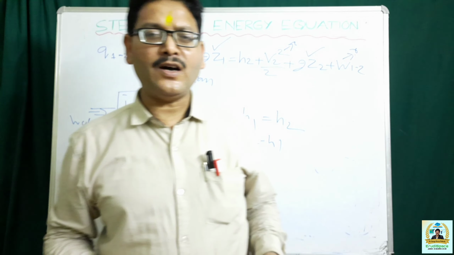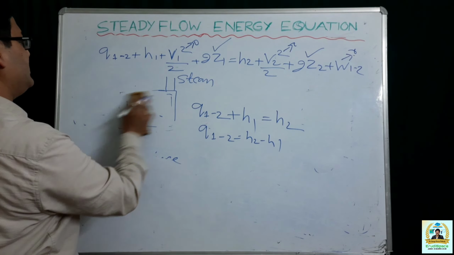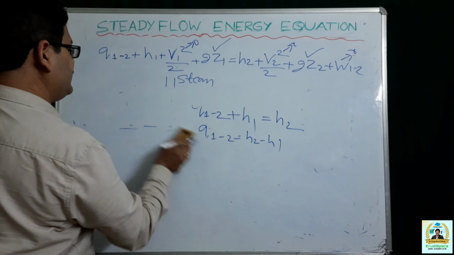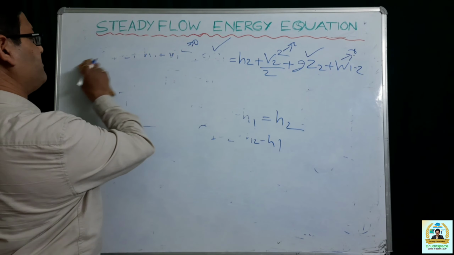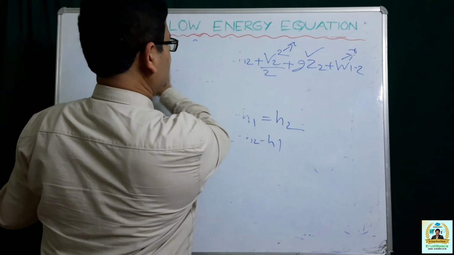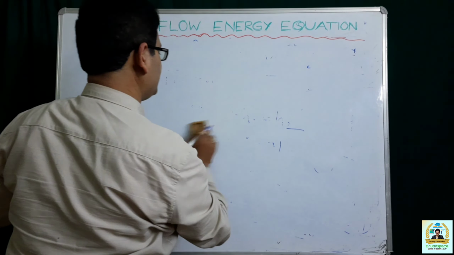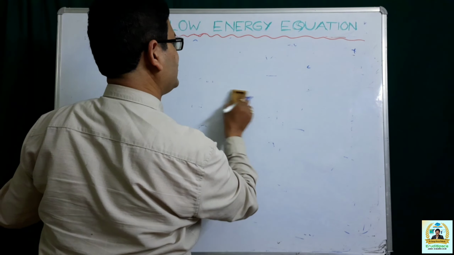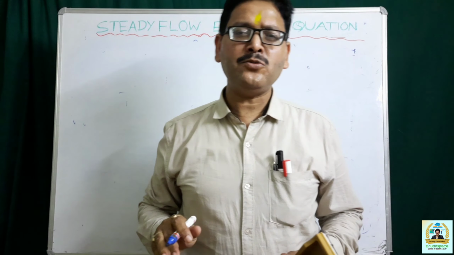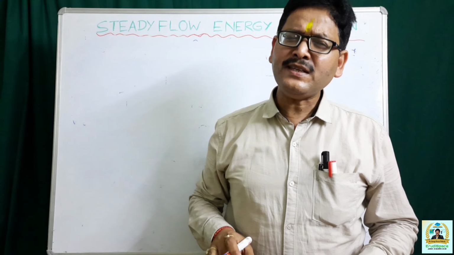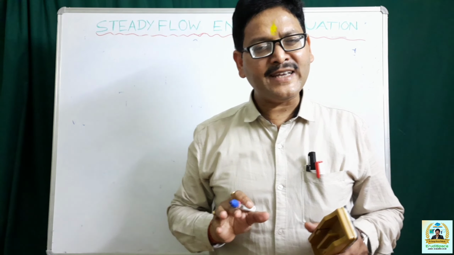Then we'll take the case of a condenser. In a condenser, what happens is that it liberates heat to the surroundings, and the process that is taking place is the reverse of what is happening in the case of your boiler. Another thing that you need to remember is that the basic sign conventions of energy interaction will be exactly the same.